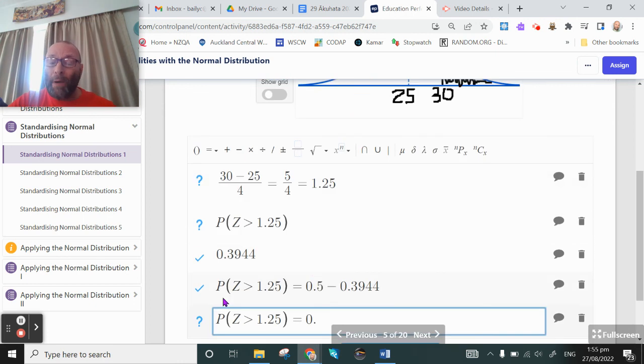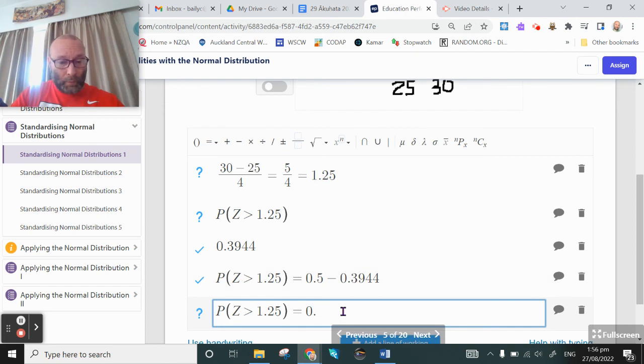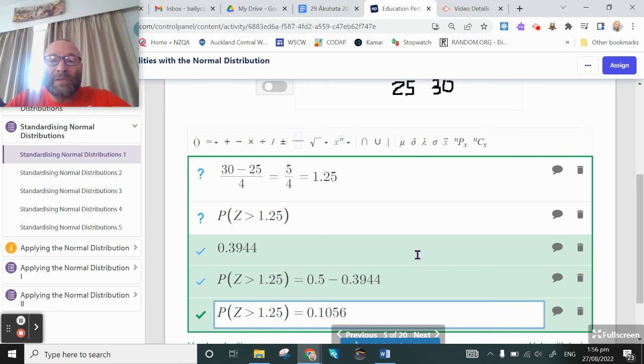So the probability of z greater than 1.25 is 0.5 minus the 0.3944, and that into our calculator gives us 0.1056. There we go.